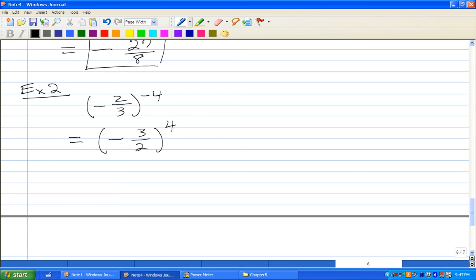Change the sign of the exponent from negative to positive. A negative number raised to an even power, 4, will be positive. 3 to the fourth: 3, 9, 27, 81. 2 to the fourth: 2, 4, 8, 16. So my answer is 81 over 16.